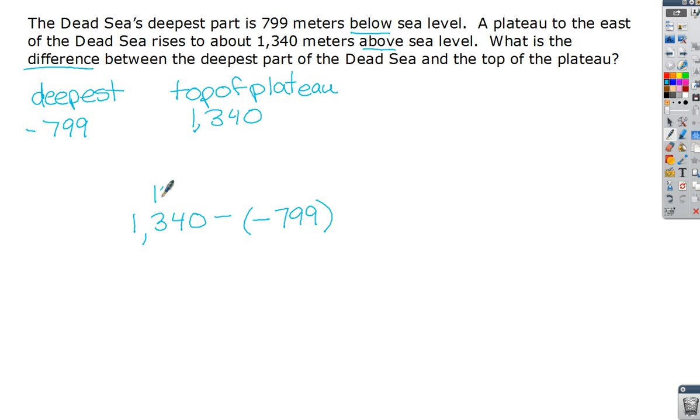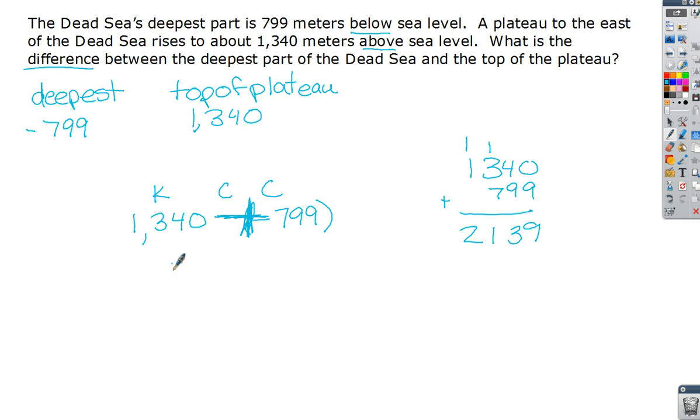Or you can think of keep, change, change. You'll turn this into a big plus sign, and it'll be 1,340 plus 799. So we have 0 plus 9 is 9, 4 plus 9 is 13, 1 plus 3 is 4, 4 plus 7 is 11, and 1 plus 1 is 2.